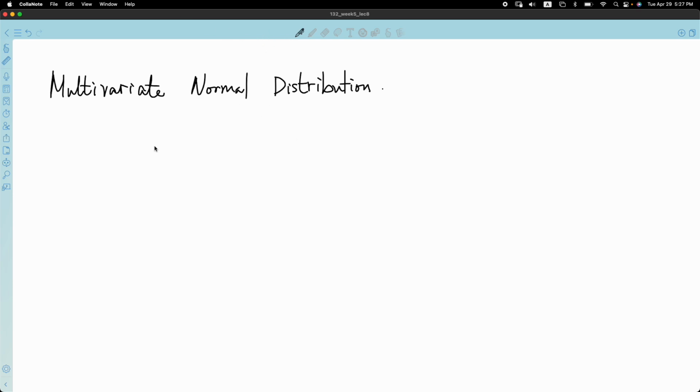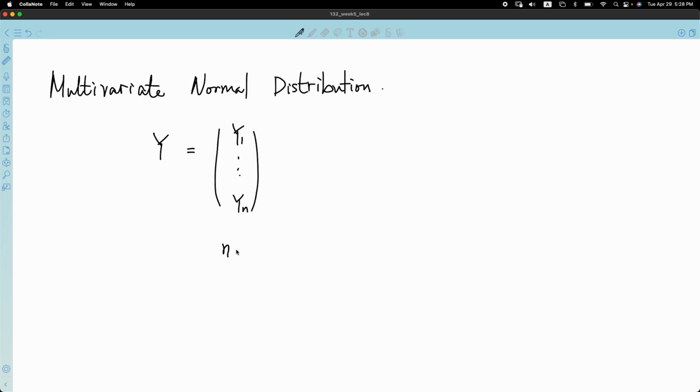So for example, instead of a scalar y, now we have a vector random variable. This vector y is denoted as the vector of individual scalars. So this is an n by 1 vector.